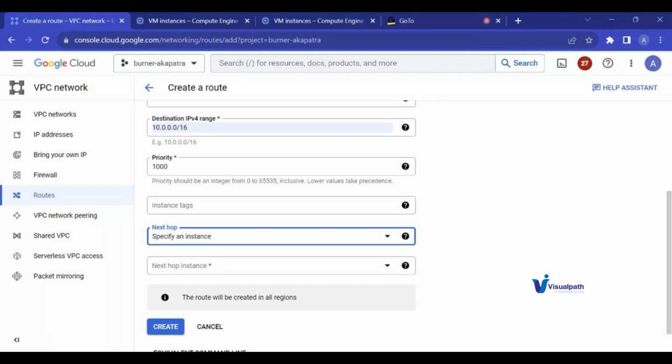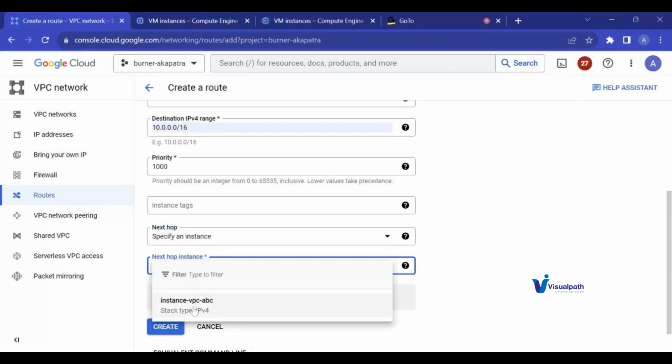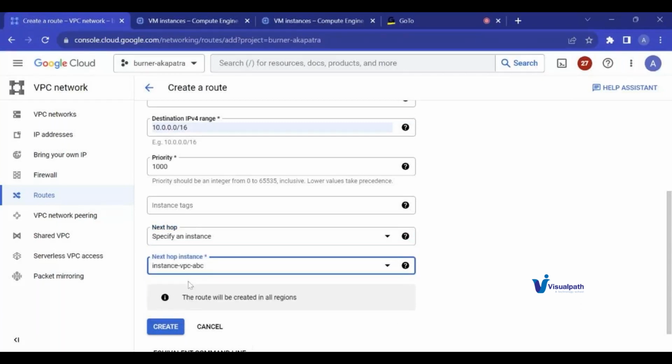I want my traffic to first come to my private VM. From there, it should go into a public VM and then using an internet gateway, it should go out, right? In that scenario, you can use your next instance, and if this instance has an external IP address, then it utilizes the internet gateway and goes out. So this is a typical example of what I told you.